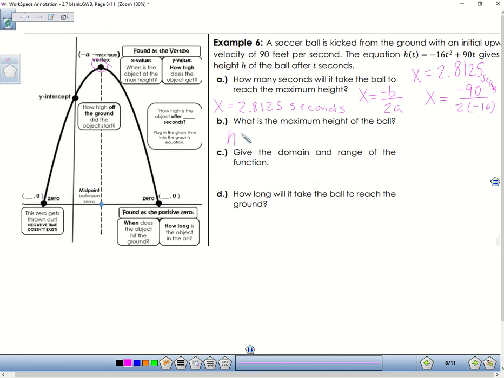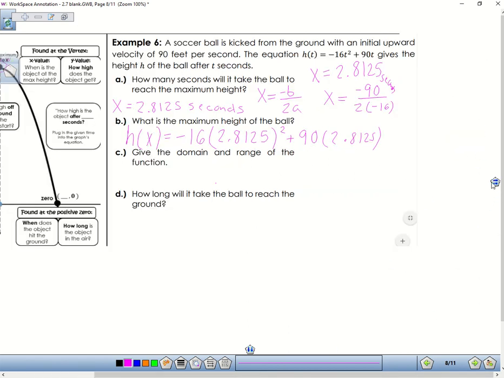So this is going to be h of t is equal to negative 16 times 2.8125 squared plus 90 times all of that too. And that equals, oh, so gross, the numbers in this question.